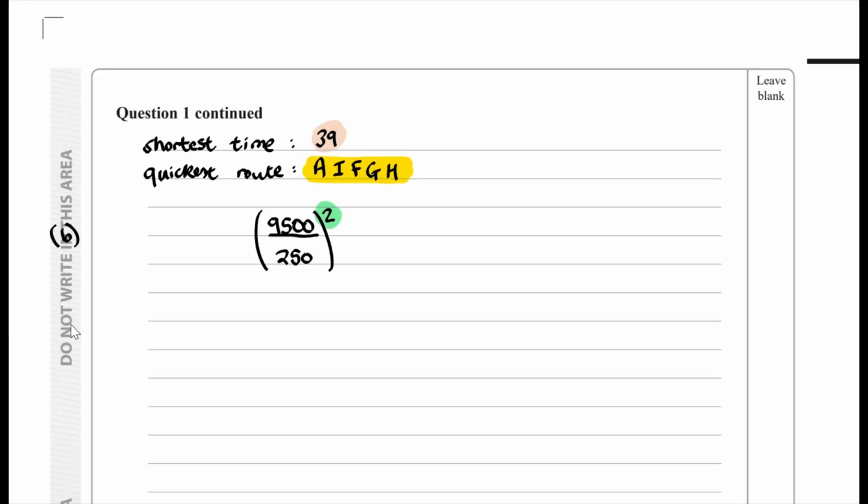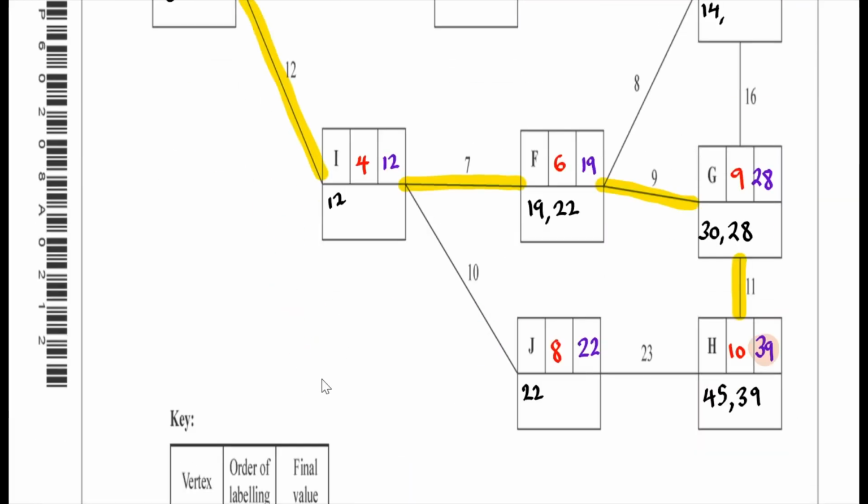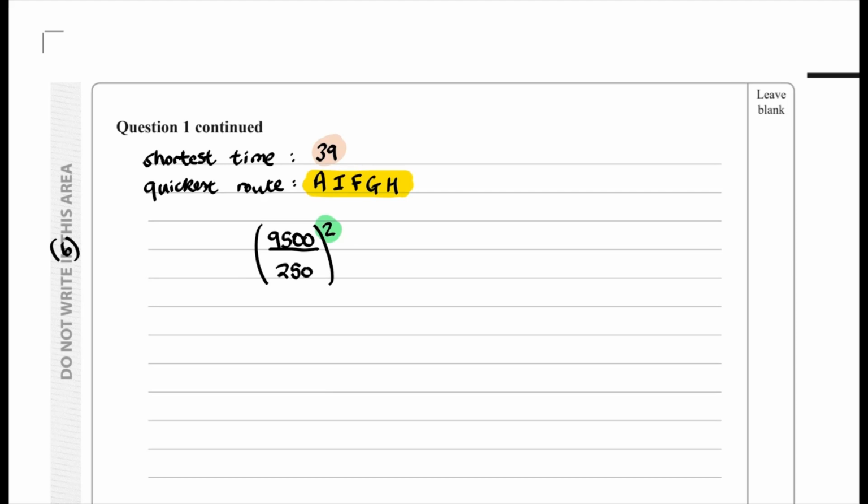And then our original time, we know that to be 1.5 seconds, so therefore we multiply this by 1.5, and therefore, working this out, we get 2166 seconds. I suggest writing down your units too.